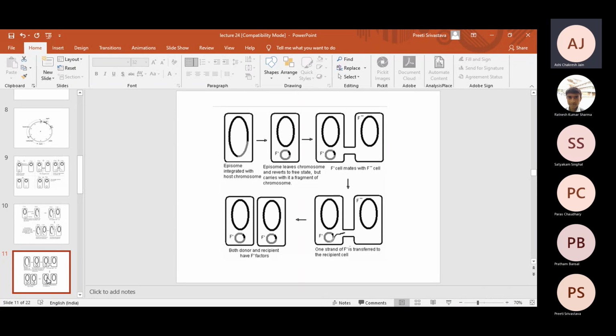So when conjugation occurs with the F minus cell, some part of the chromosomal DNA and the F plasmid gets passed. The F minus cell would then have the F plasmid and some part of the chromosomal DNA present as another plasmid known as F prime. Okay. Anything else that you have studied?